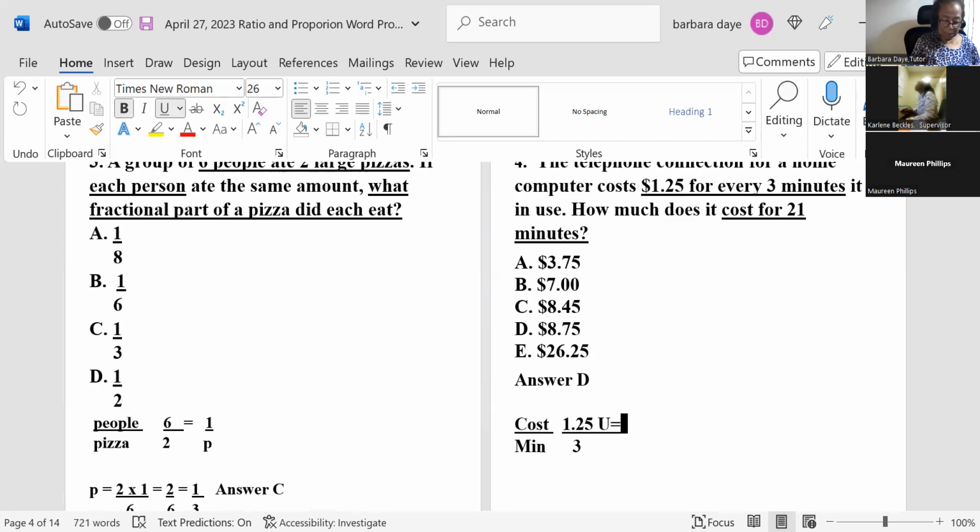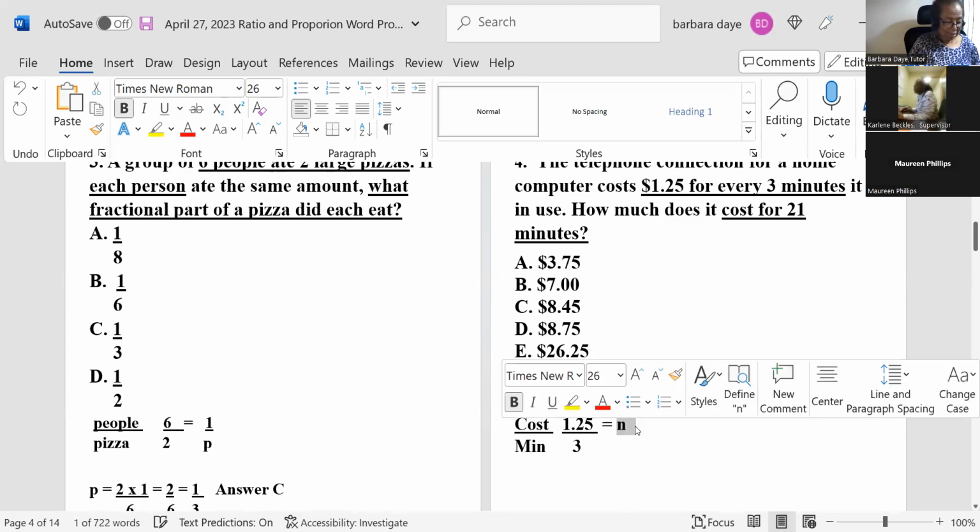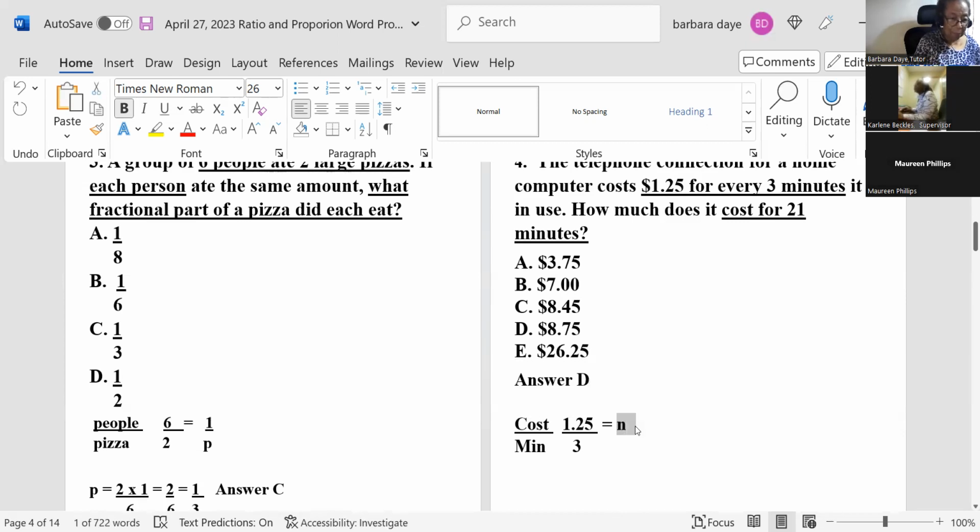Okay. Equal to, and we're looking for cost, so you call that N over 21, right? Yeah. Because that's minutes in the denominator.